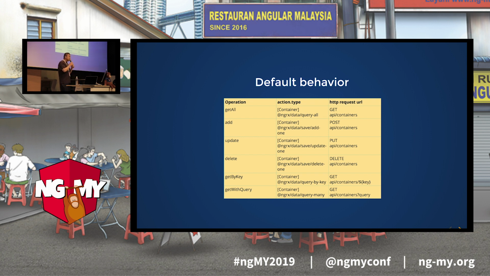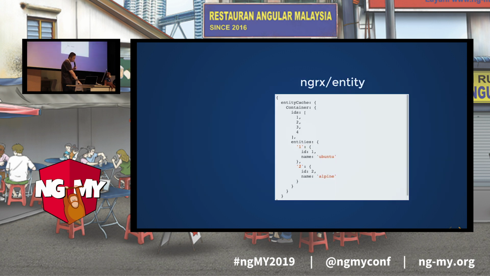So if your backend REST API URL matches these rules perfectly, you don't even need to write the data service. You don't even need to write the HTTP client code. But if your backend doesn't match that perfectly, you can still customize those behaviors very easily. We'll talk about that later.